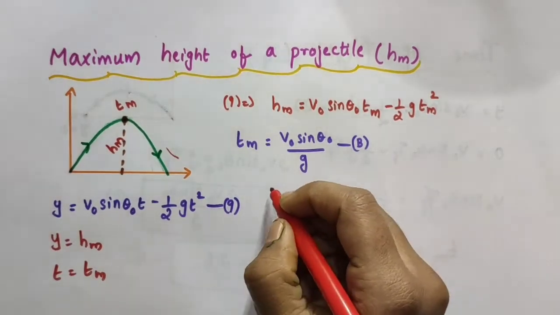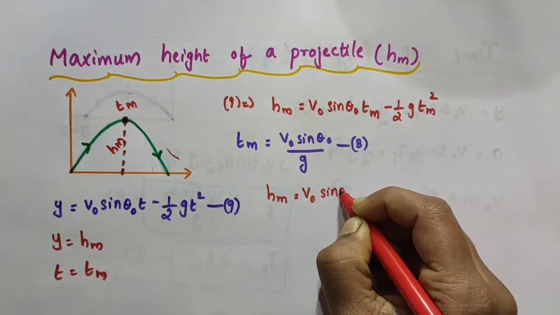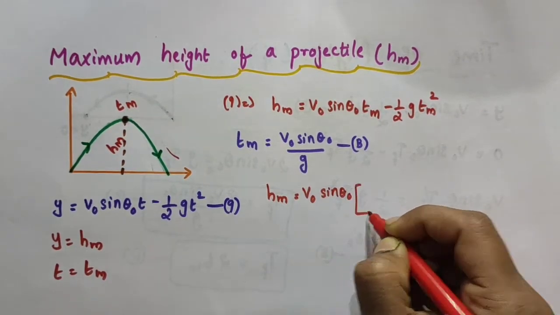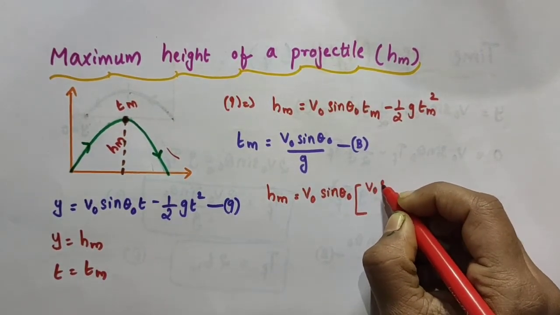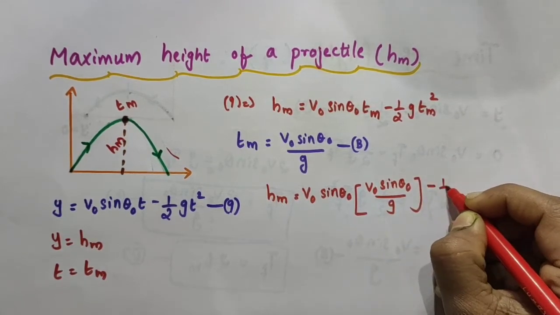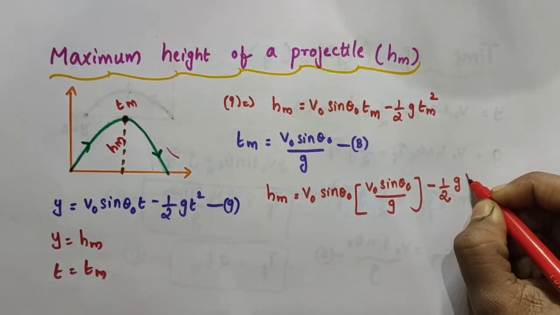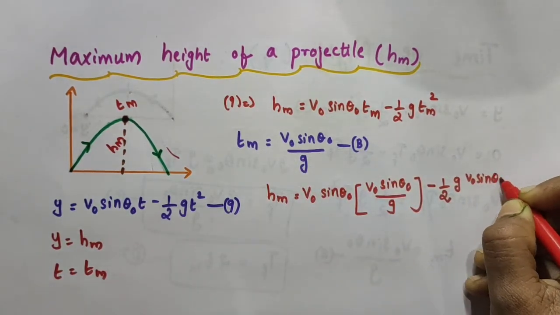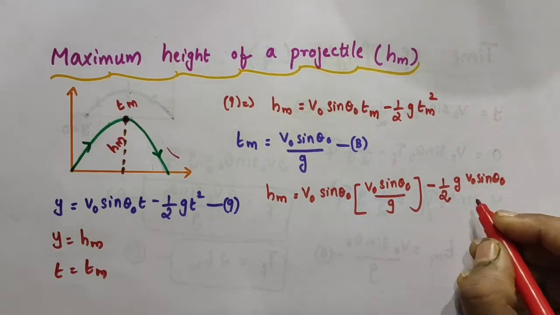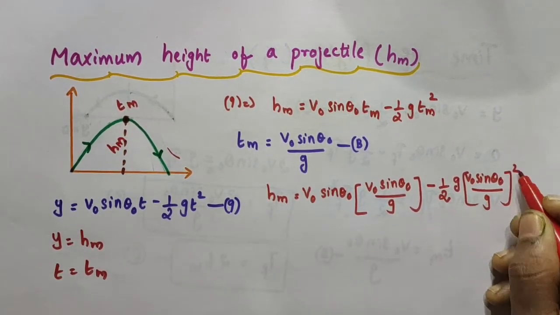So we get Hm equal to V0 sin theta 0 into V0 sin theta 0 divided by g, then minus half g Tm square, where Tm is V0 sin theta 0 divided by g, the whole square.